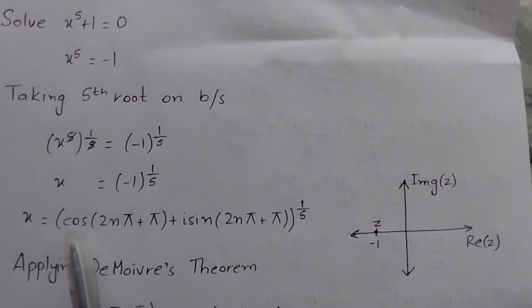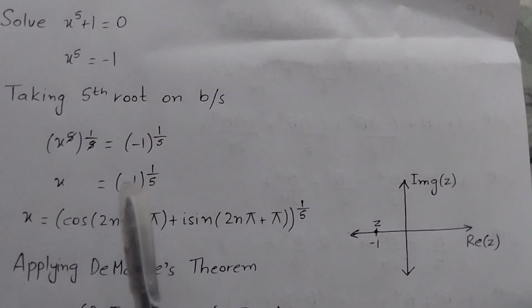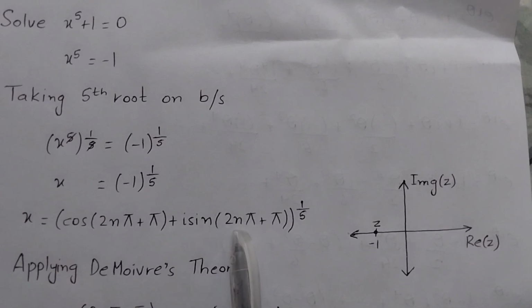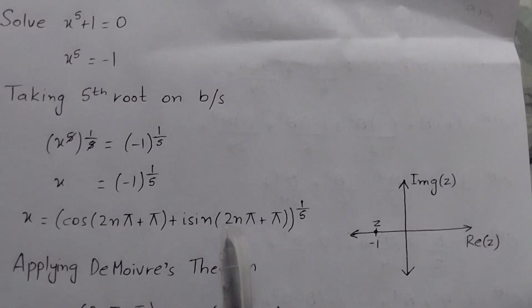So we need to write cosine of pi plus 2n pi, and when we put values of n here, if we put 0, we'll end up with cos of pi, which is -1. If we put 1, we'll end up with 3 pi. Cosine of 3 pi is again -1, and so on. Similarly, if we put 0, we'll end up with sine of pi, which is 0. Again, if we put 1, we'll end up with 3 pi. Sine of 3 pi is again 0, and so on.